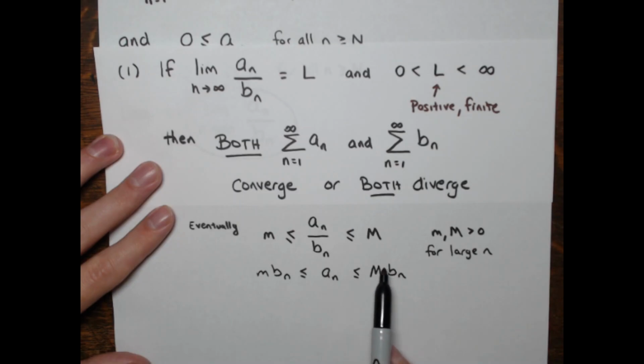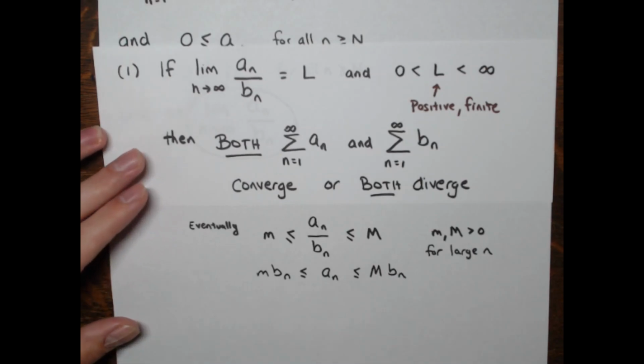Now, if a sub n diverges, then this series of larger terms, some multiple of the b sub n's, would also diverge. And if a constant multiple of something diverges, the series diverges. So again, a series of terms diverges, a series of larger terms would also diverge.